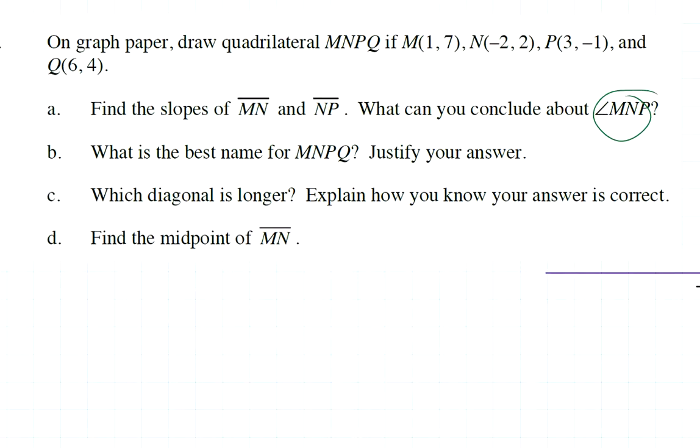It says, what are the slopes? Well, MN had a slope of 5/3, and NP had a slope of negative 3/5. And what can I conclude?